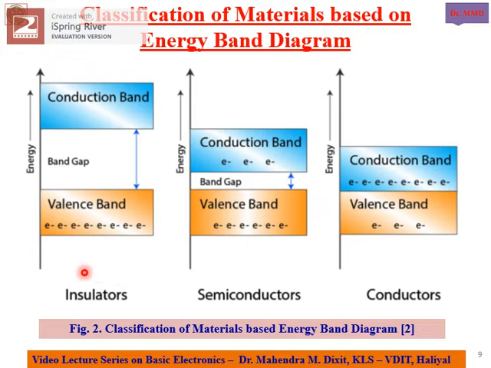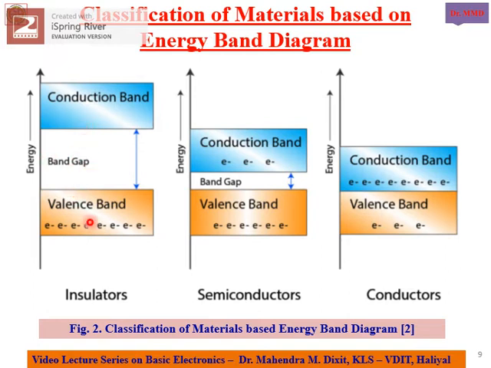Firstly, it illustrates insulators as one of the classifications of materials based on the energy band. There is a huge band gap between the valence band and the conduction band.